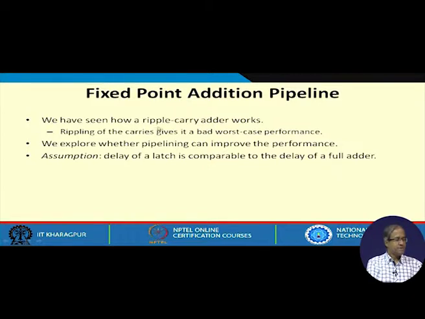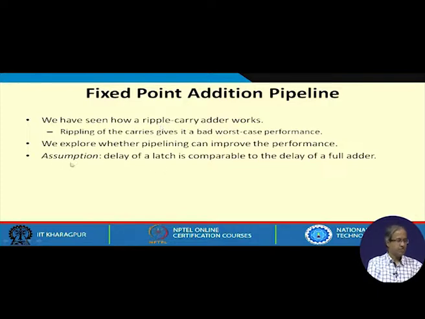So, earlier we have seen that due to the rippling nature of the carry, the performance of a ripple carry adder is not so good. The worst case delay is pretty high in fact. So, it has a bad worst case performance. But now let us see, can we use pipelining to improve the performance of a ripple carry adder?